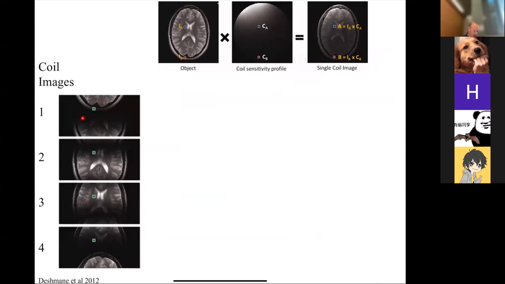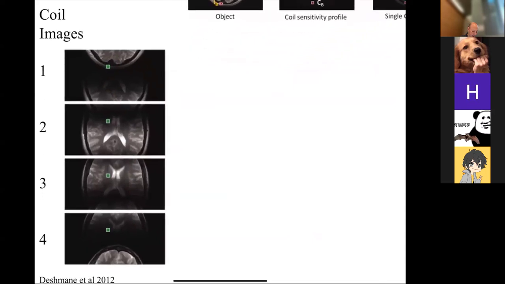The reason you don't see the aliasing as badly as if you had total sensitivity is that where there's aliasing, the coil sensitivity is dropping off. If you had uniform coil sensitivity, you'd see the object much more aliased here, but the sensitivity is dropping off. So there is aliasing there, it's just harder to see.